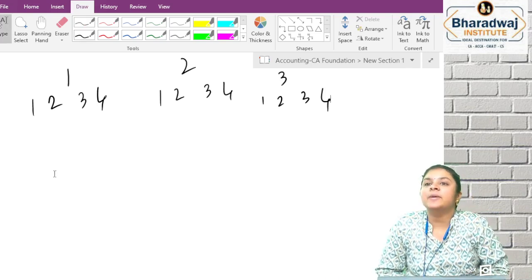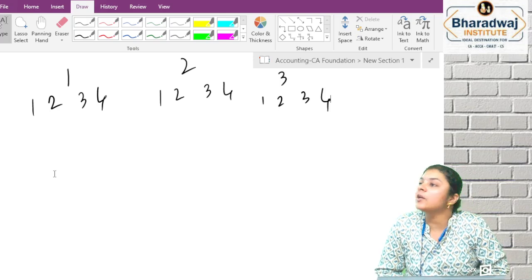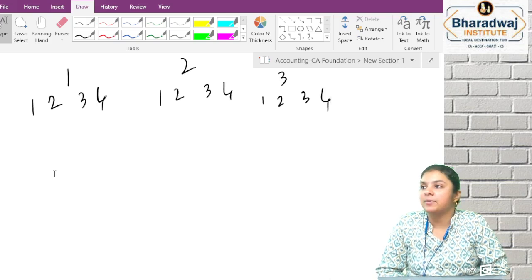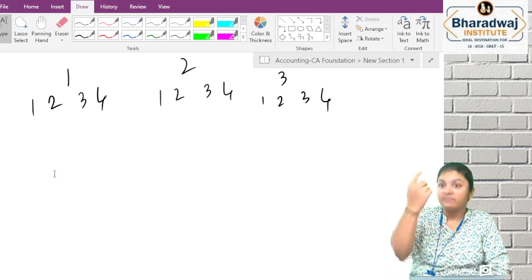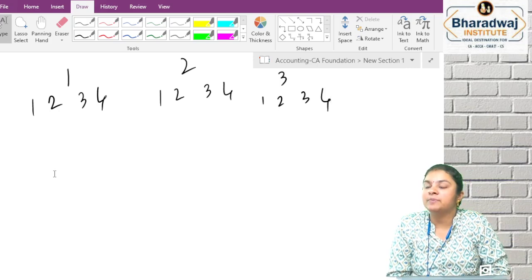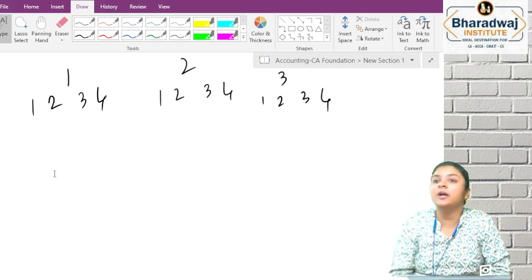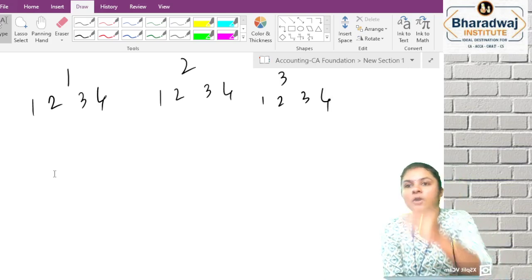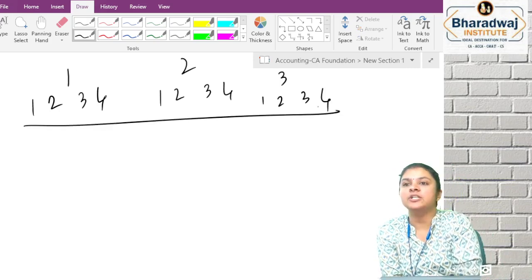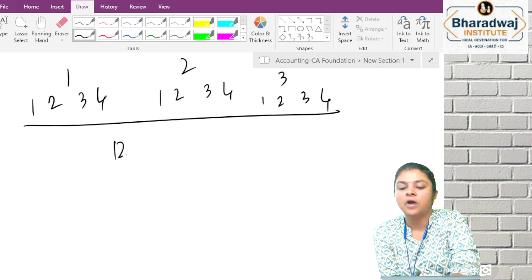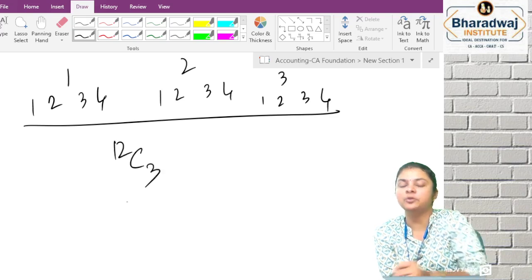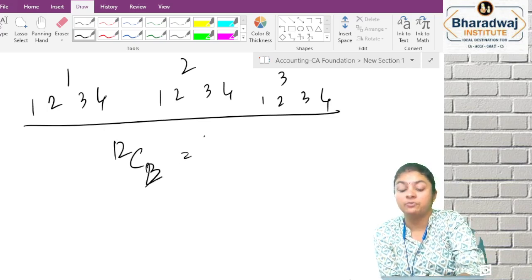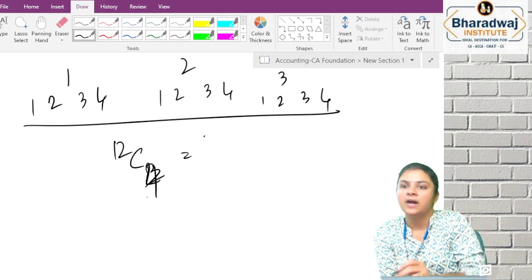So if the question says the positions cannot be repeated, however any boy can take any number of prizes, since the position cannot be repeated, the repetition rule will not apply. So how many positions do I have in total? 12 positions, out of which I have to give it to 4 boys.